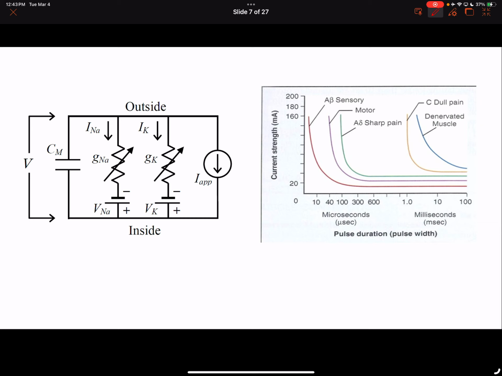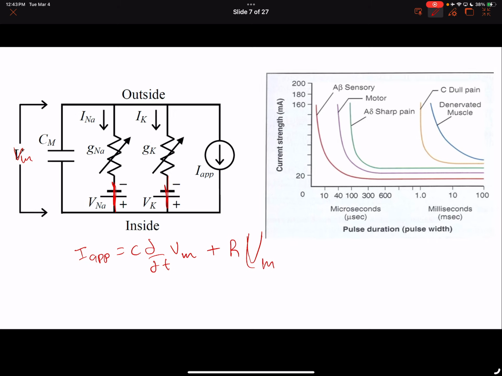Now, if we were to derive the differential equation for this circuit, it gives us that I applied has to be equal to C dVm/dt, let's say this is Vm, plus the equivalent resistance of this thing, R, times Vm, where let's just assume this V_Na is 0, just to simplify things.